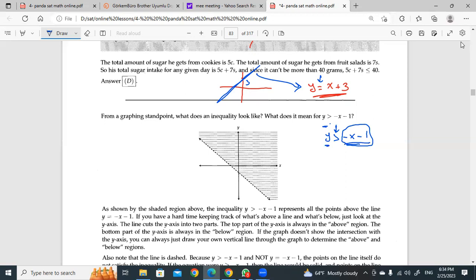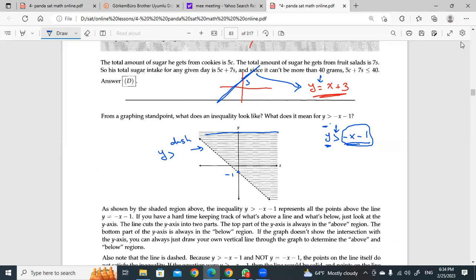This means that this inequality contains all the area above this line. This is the line and this is the point -1. But the line here is a dashed line. Why? Because I'm telling you that y is greater than, not greater than or equal.